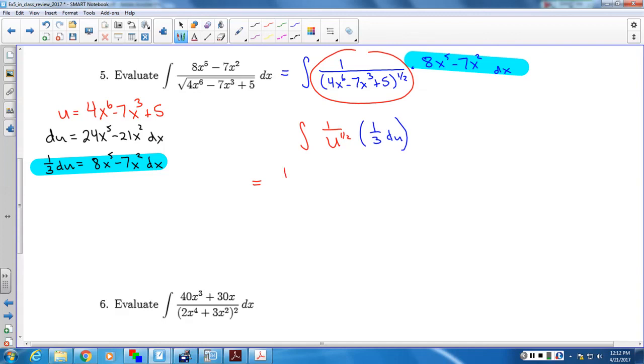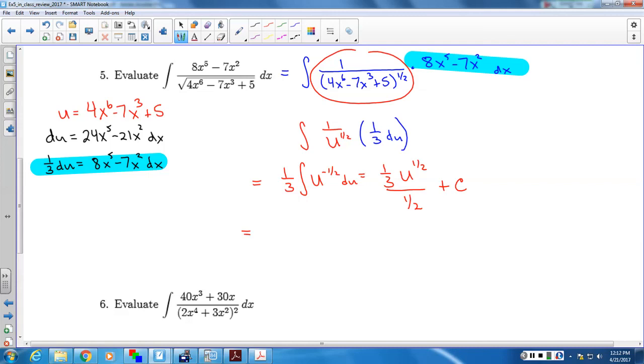So on my next step, I'm going to pull the 1/3 out, and I'll bring that u up to the top and make it u to the negative half. And here I would integrate. I'm going to have 1/3 u, negative half plus 1 would be positive half, divided by positive half, plus c.